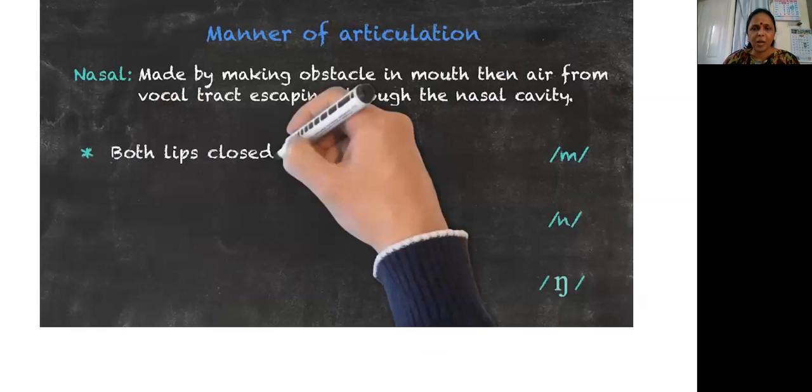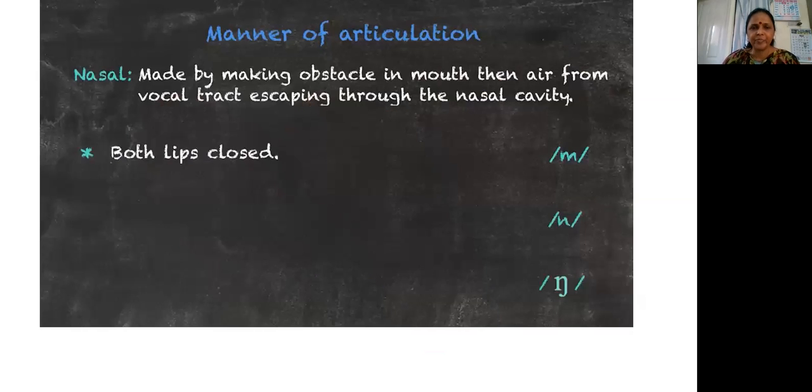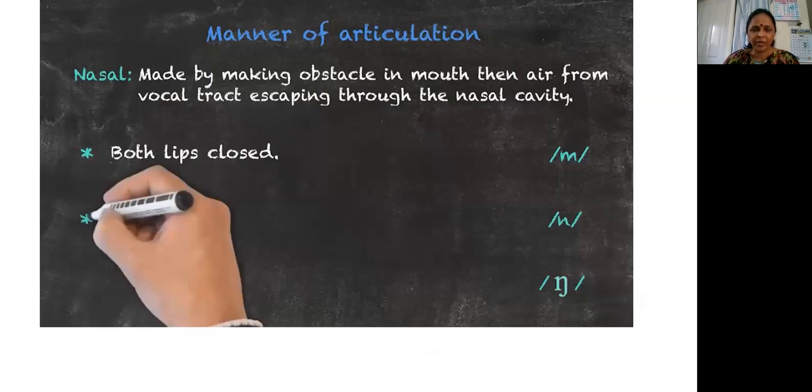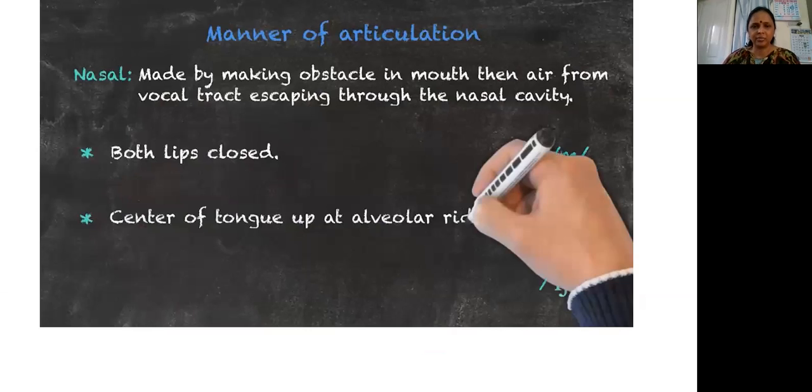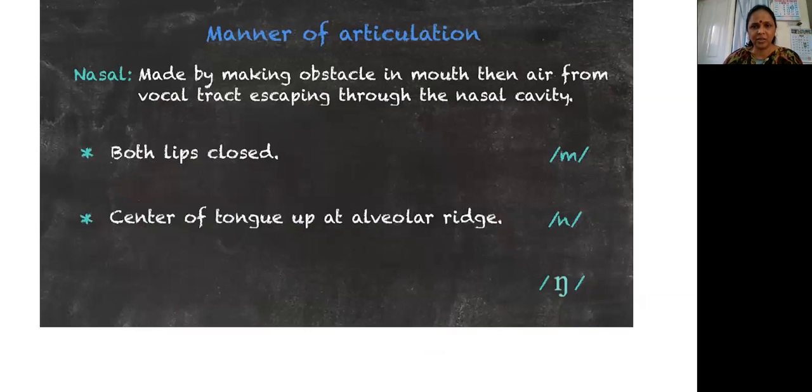First with the M sound, we're closing both lips and the air is escaping through the nasal passage. Next we have our N sound. There, the closure is inside the mouth, but our tongue is closing up near our alveolar ridge, and the air is escaping through the nose.